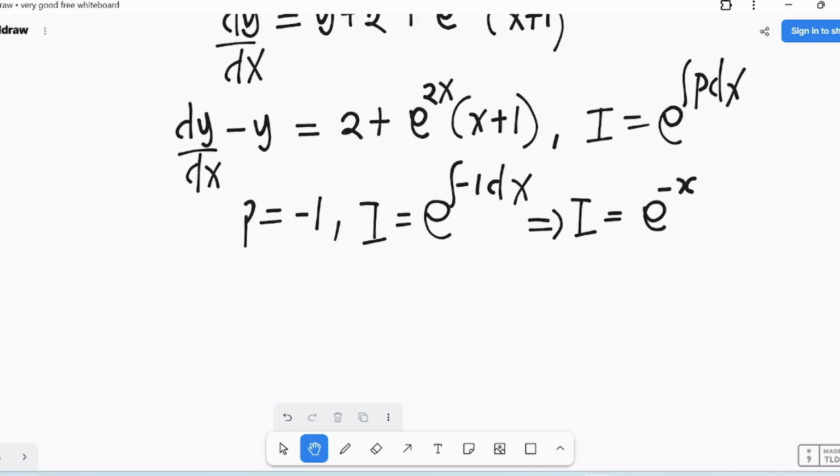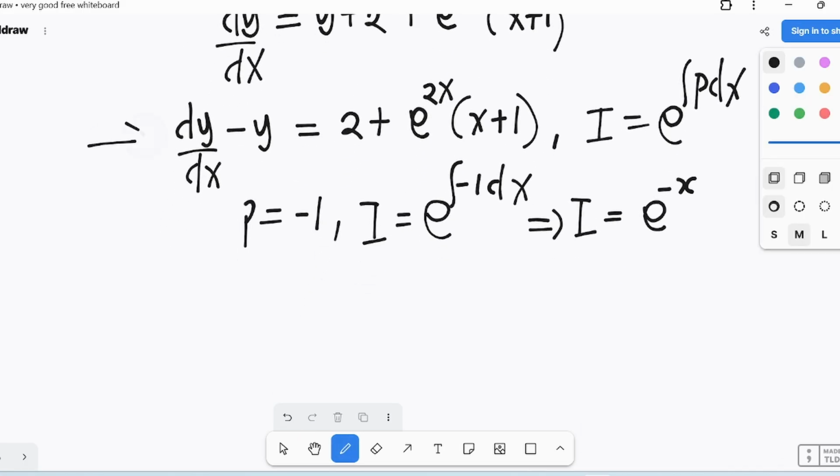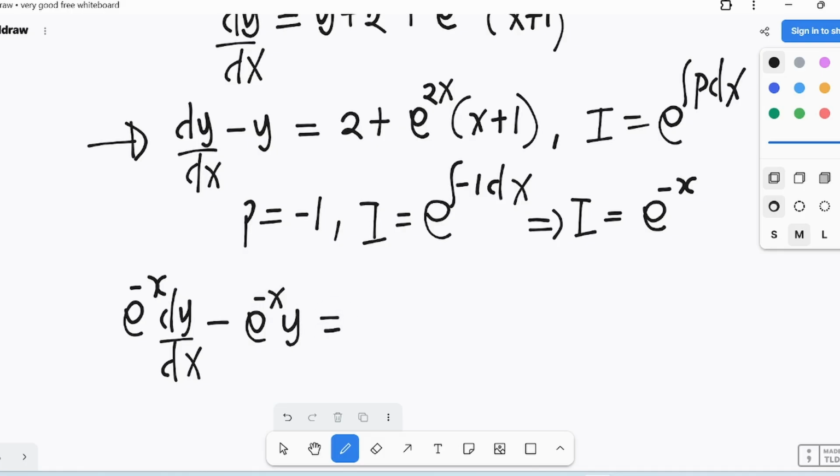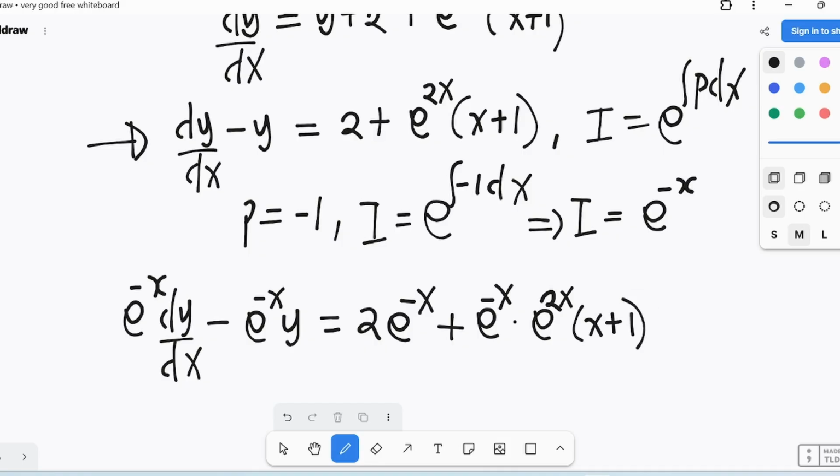When we multiply it throughout, we shall have e^(-x) dy/dx - e^(-x) y = 2e^(-x) + e^(-x) times e^(2x)(x + 1).